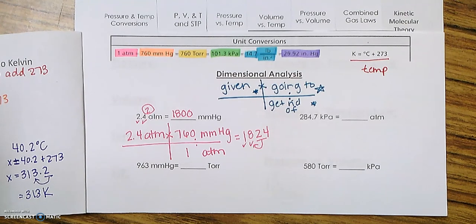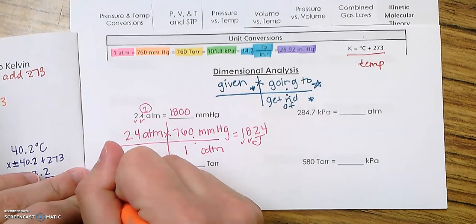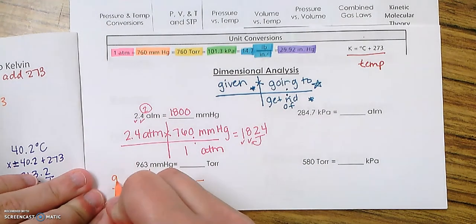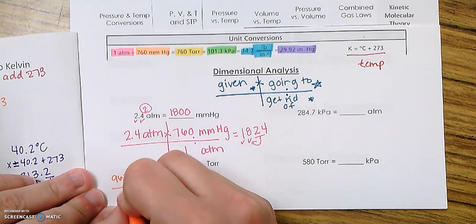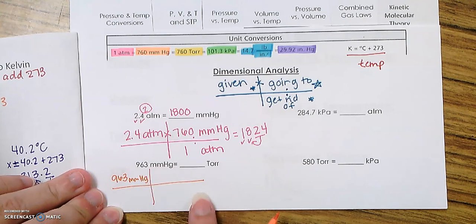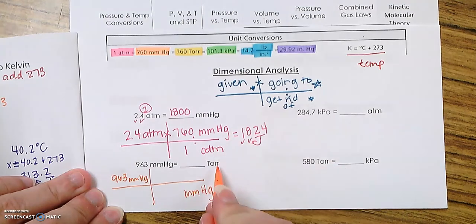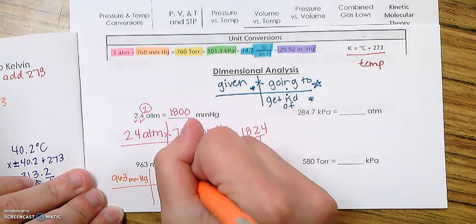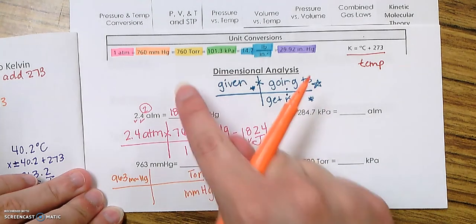Okay, let's look at going from millimeters of mercury to torr. Do my T-chart. I'm going to write what's given to me, so 983 millimeters of mercury. Since I have millimeters of mercury up here, I need to put millimeters of mercury down here. And I'm going to torr, so torr is going to go in my top right box. Now I have my units, so let's look at our conversion factors.